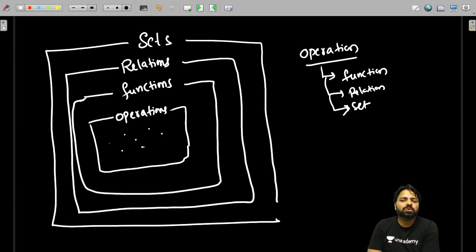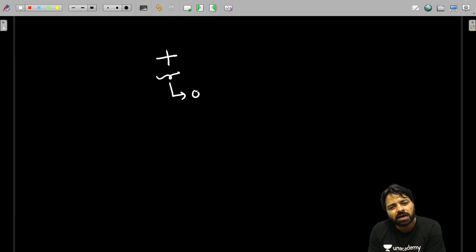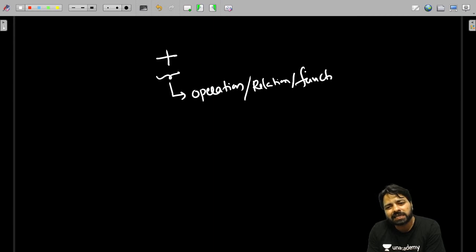All these words I can use. Every operation is also a set. That means when somebody is implementing plus, many people assume plus is just an operator, but plus is an operation, which means it is a relation, it is a function, it is a set.